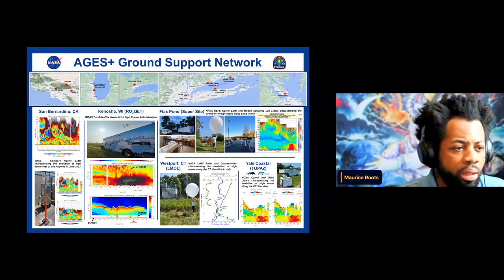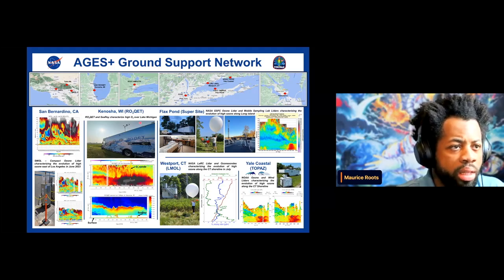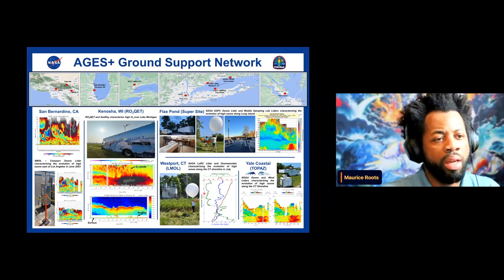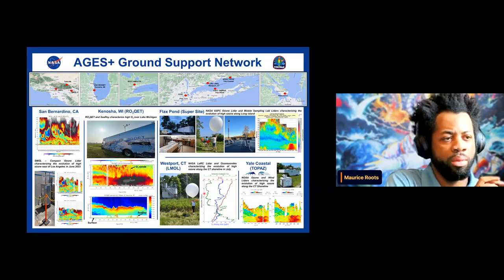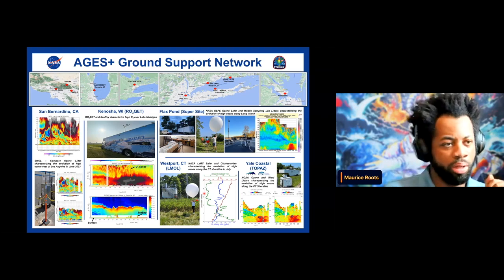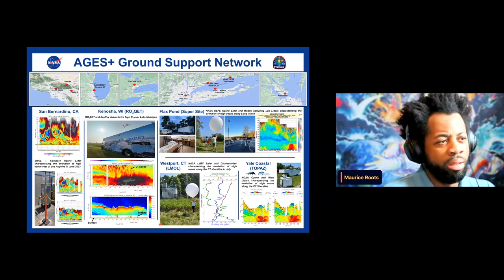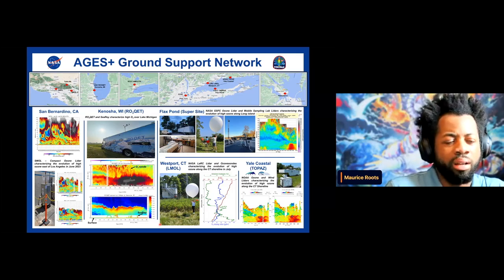Actually, this group here, the rocket group, is from the University of Alabama, Huntsville. They had this one labeled C-ray, something along the lines of a Cessna.